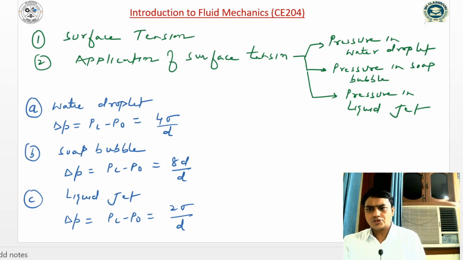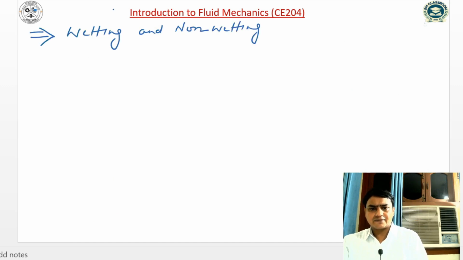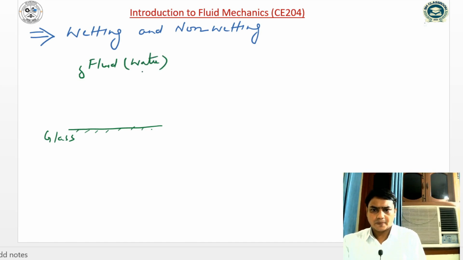So today I will discuss the phenomena or mutual properties of the fluids, that is what is wetting and non-wetting. So let us take a surface. This is the surface of glass, and if I have taken a fluid, this is the fluid, and let us assume this is a water droplet.